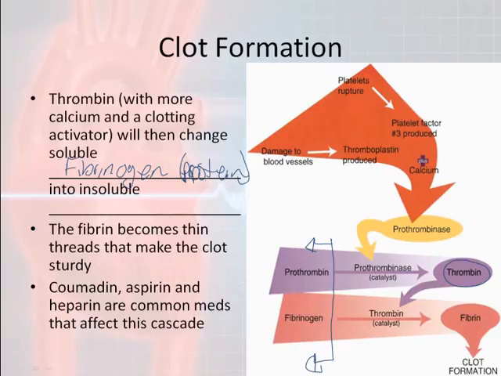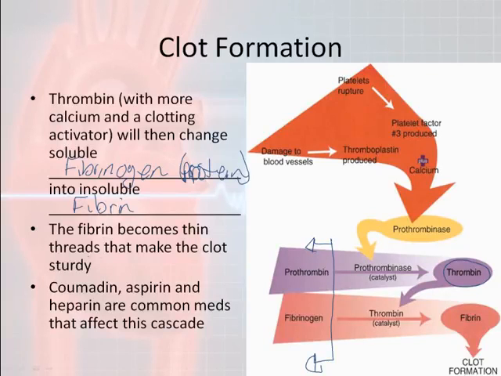It converts soluble, free-floating fibrinogen into insoluble fibrin, making these little fibrin threads. It is no longer dissolved, it is now solidifying inside the bloodstream.